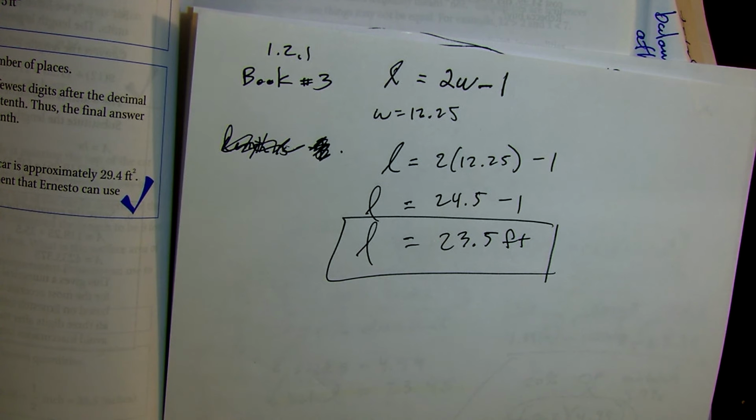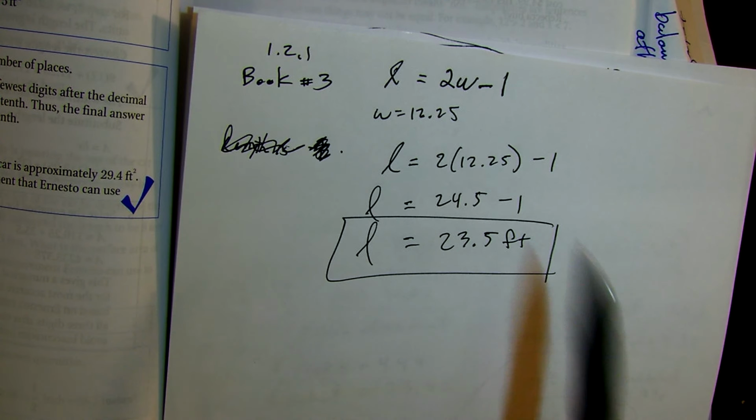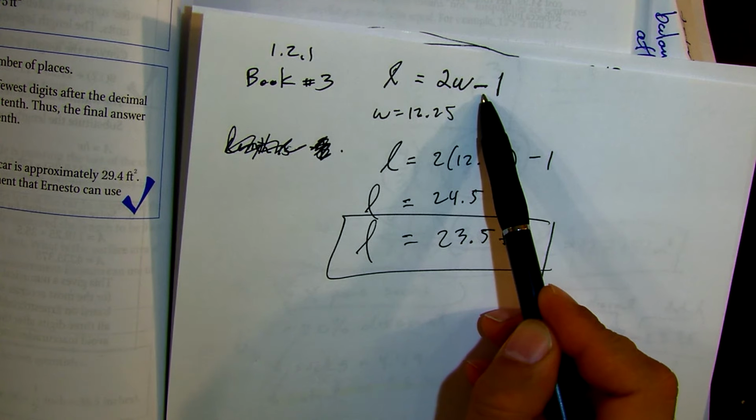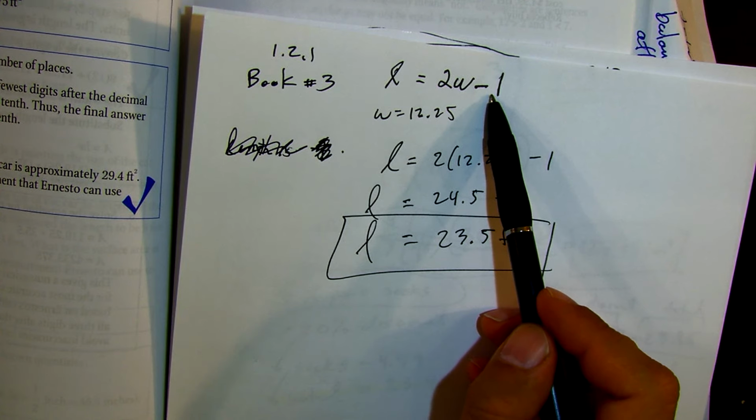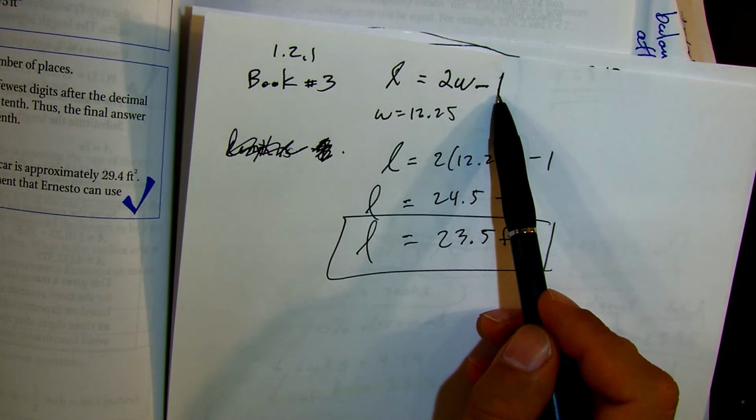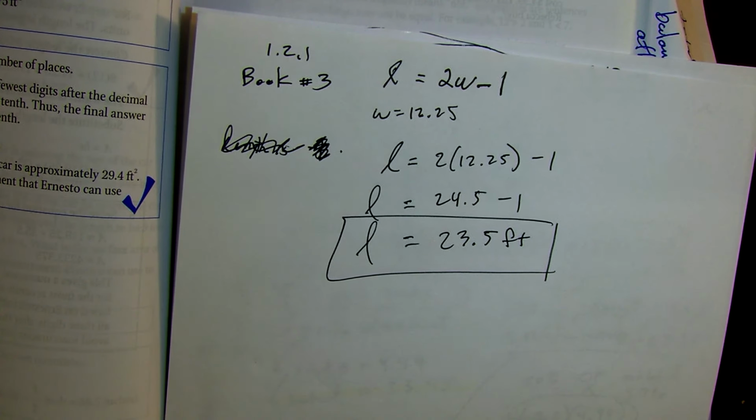Let's see. How about this? Take your age, right? And if I said that your aunt is 3 less than 3 times your age.